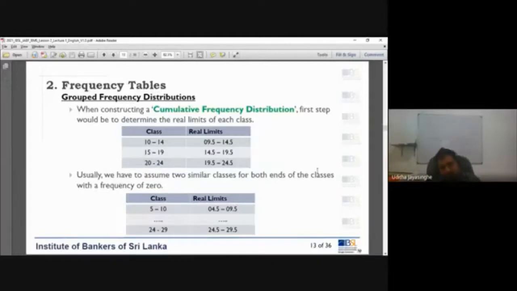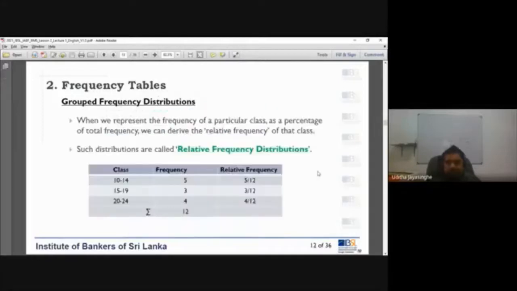Let's say from class 10 to 14, you have 5 items, and from 15 to 19, you have 3 items. But when you discuss the cumulative frequency for this second class, instead of 3, you tell it as 8: 5 plus 3 is 8 cumulative frequency.